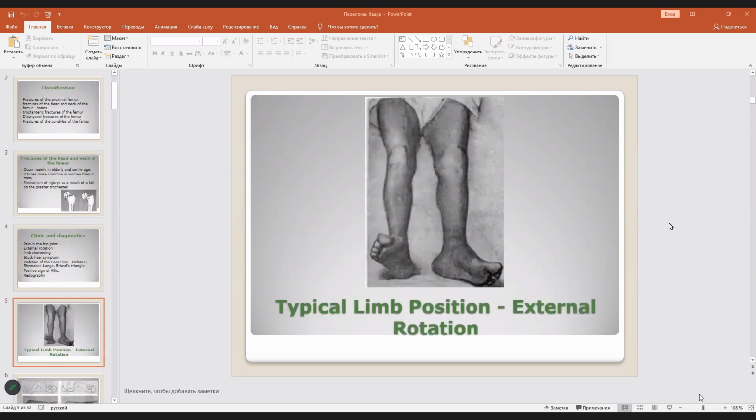Typical limb position: external rotation on the left.